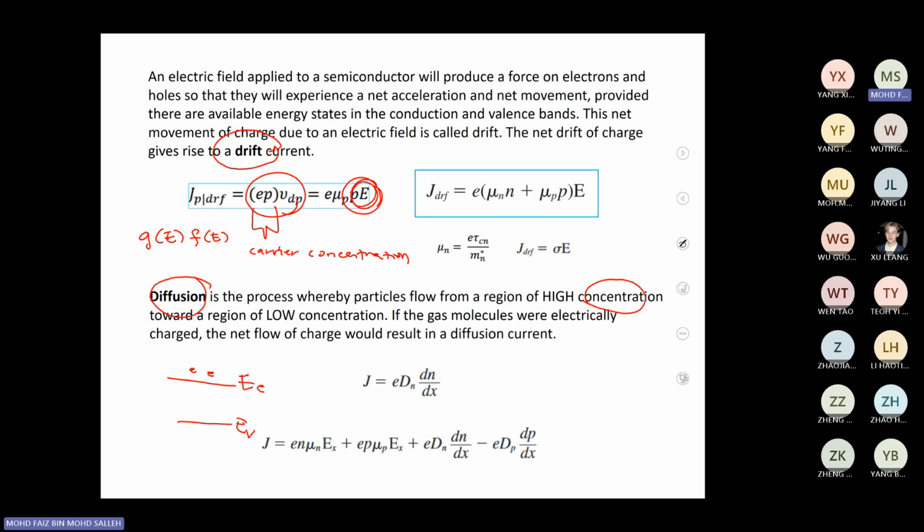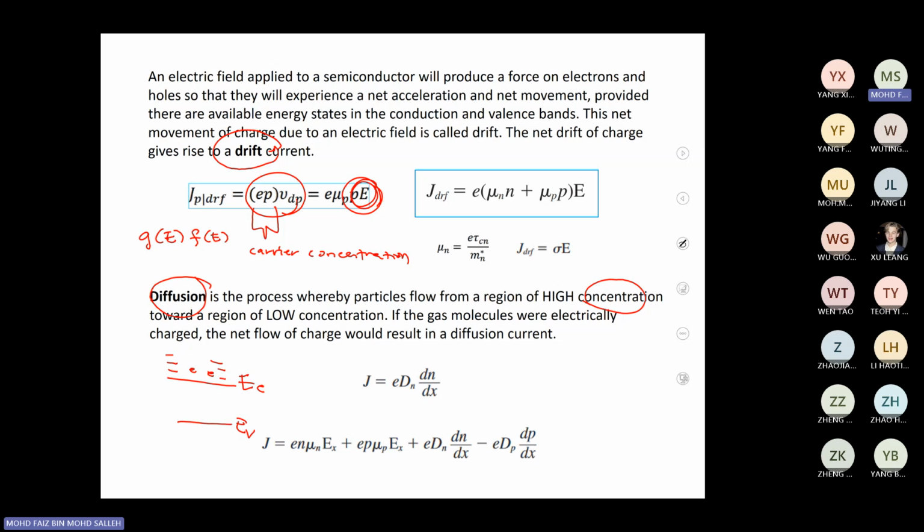To calculate this, you need to know how many states are available that can allow the electron to exist over there. Because we cannot know the exact time, the exact position, or the exact energy where the electron is. That is quantum mechanics.